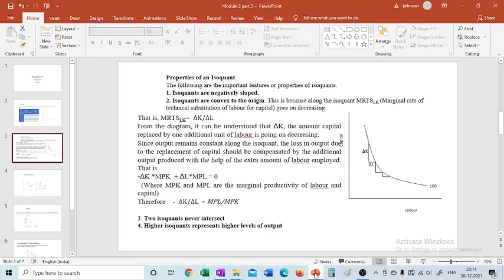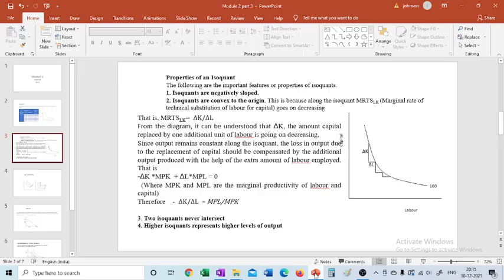Then another important topic is the properties of an isoquant. First, isoquants are negatively sloped. Isoquants will always slope downwards. What is the reason? We know that on an isoquant, the total output remains constant, whether we take a point on the uppermost side or the lowermost side.